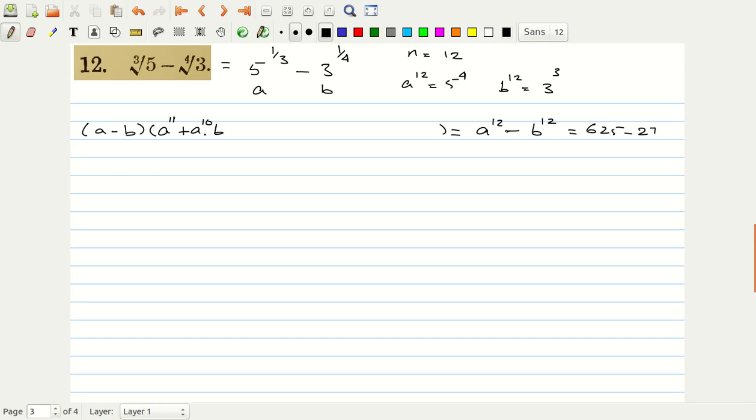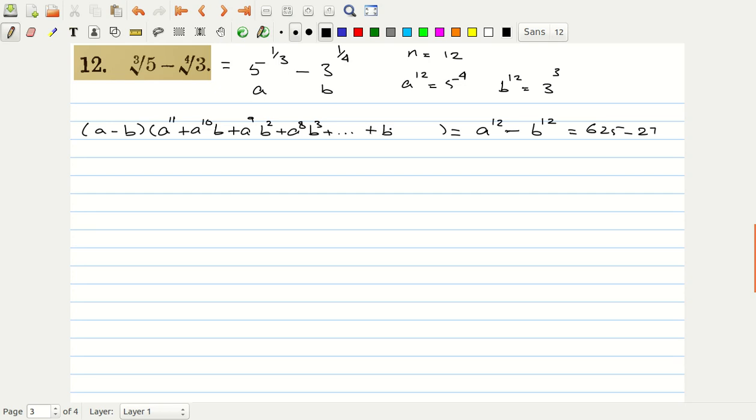Then you can see that minus b a to the power 11 is now cancelled by a to the power 11 times b. So you put plus a to the power 9 b squared plus a to the power 8 b cube, all the way. We will not do the entire thing.